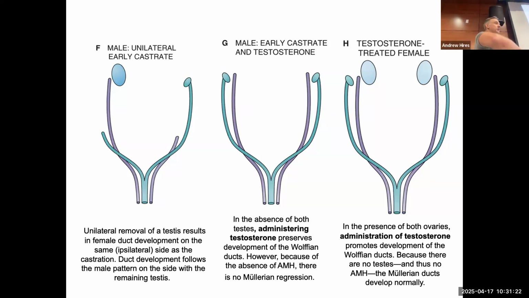But the testosterone presence allows the Wolffian ducts to also be maintained. So this is how they broke down the differentiation between the role of testosterone, which is supporting the Wolffian ducts, and the role of anti-Mullerian hormone, which degrades the Mullerian ducts and causes this sex segregation of genitalia.